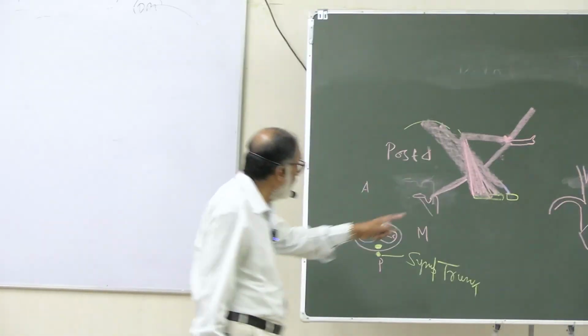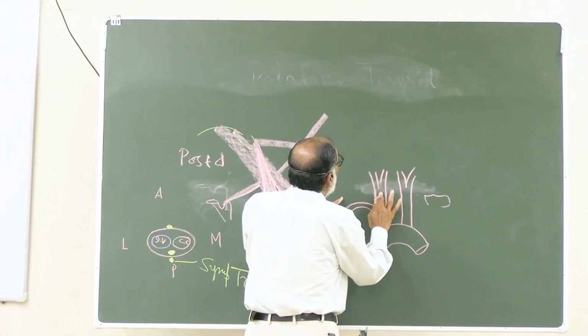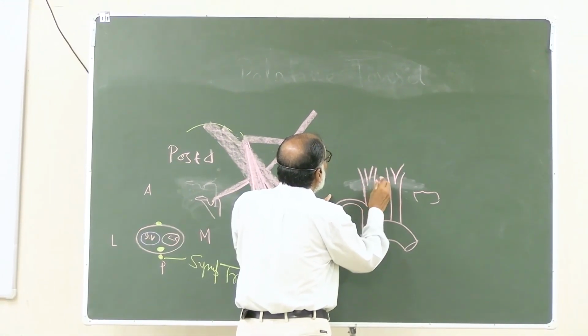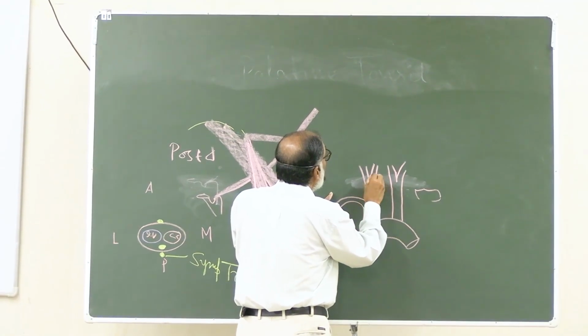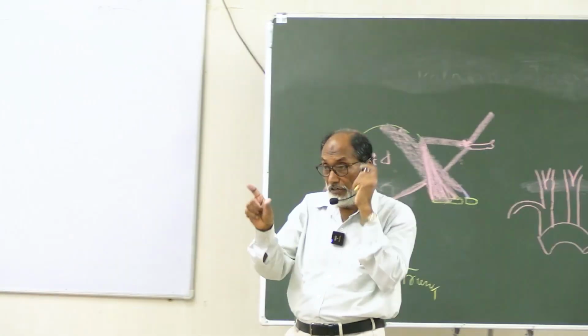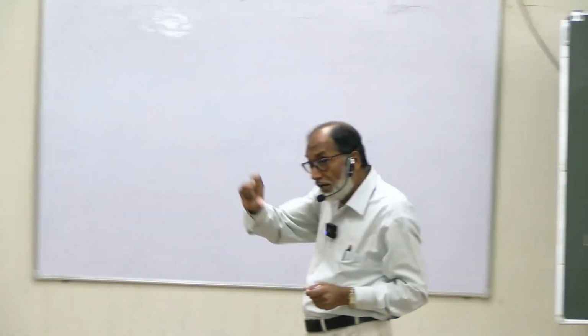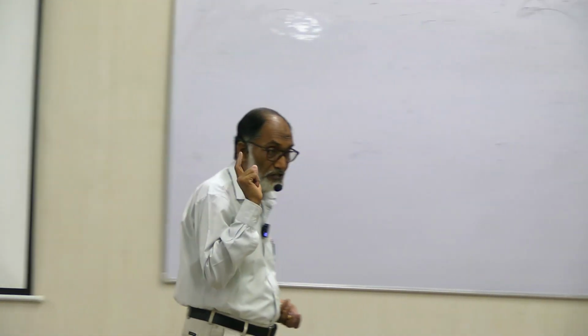Suppose this is the internal carotid artery, it lies posteromedially. At the beginning of the internal carotid artery there is a fusiform dilatation. That is called the carotid sinus.